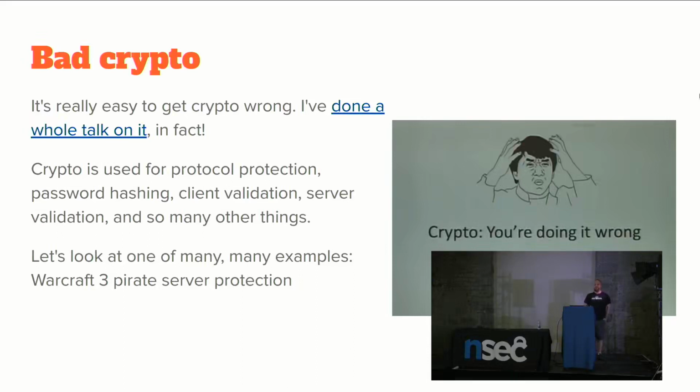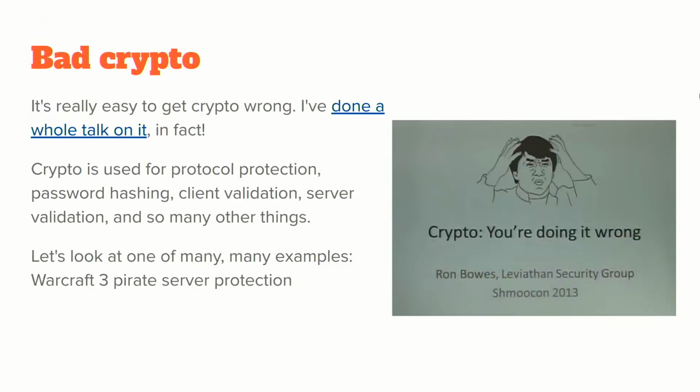I wrote a whole talk about it and gave it at ShmooCon in 2013, 5 years ago, which is a little bit scary. But crypto is used all over the place in browsers and applications, in games. It's used for protocol protection, password hashing, to verify clients aren't hacked or aren't modded or whatever. It's used to verify servers aren't sending you evil code. It's used for a million things.